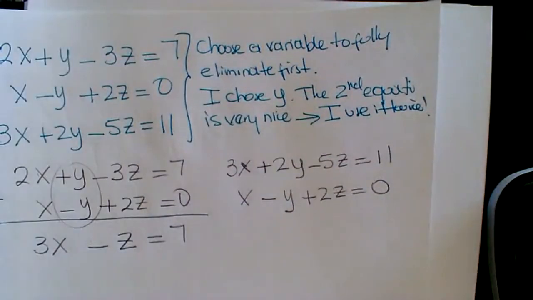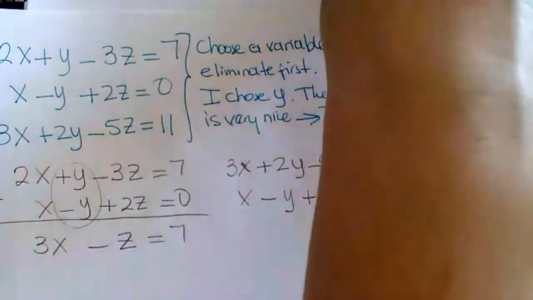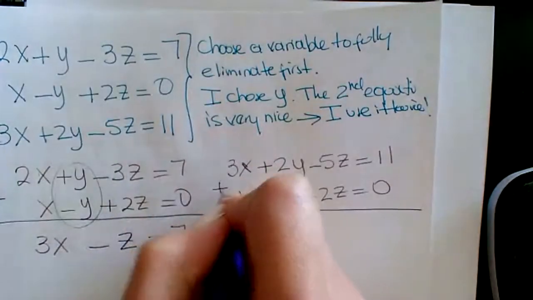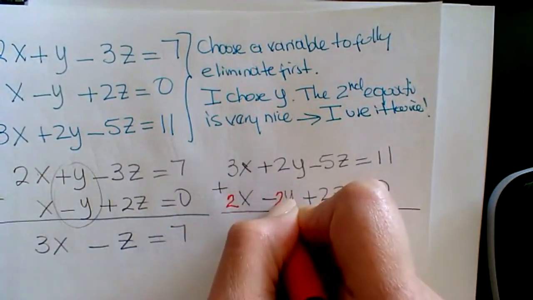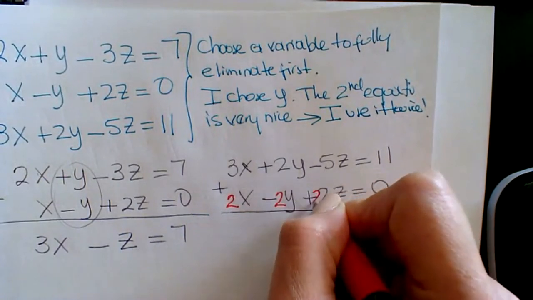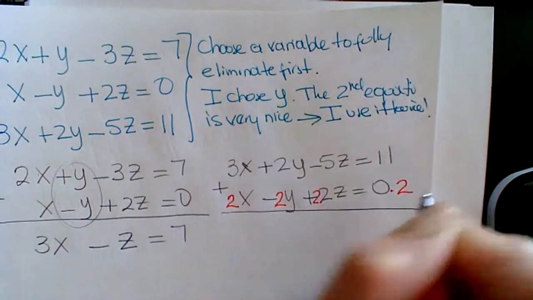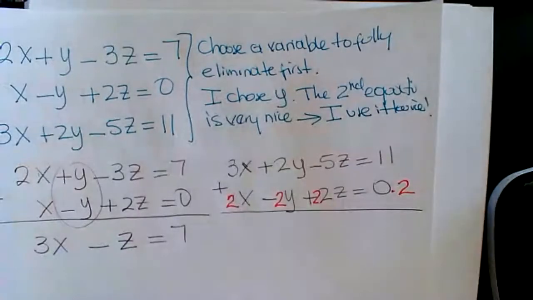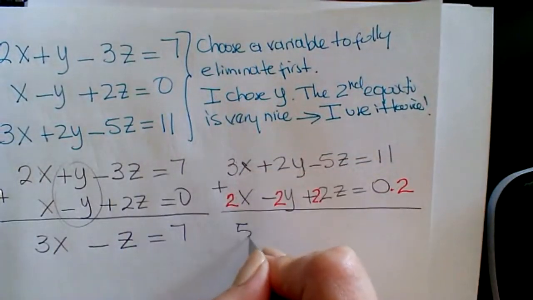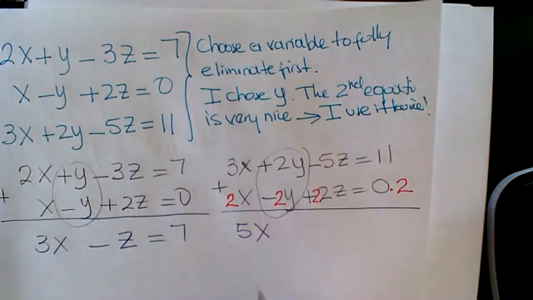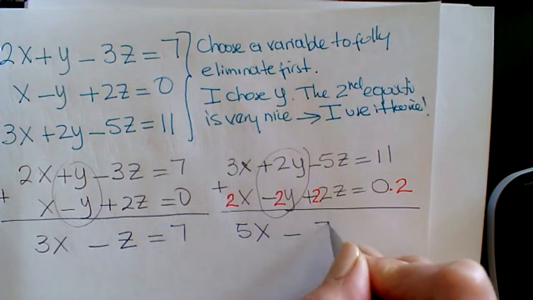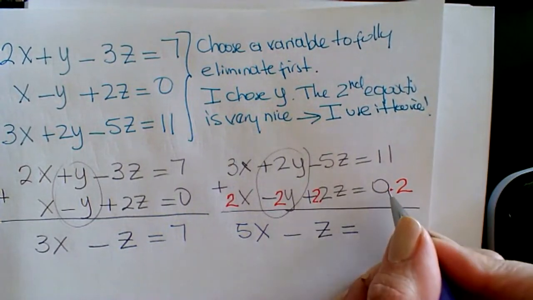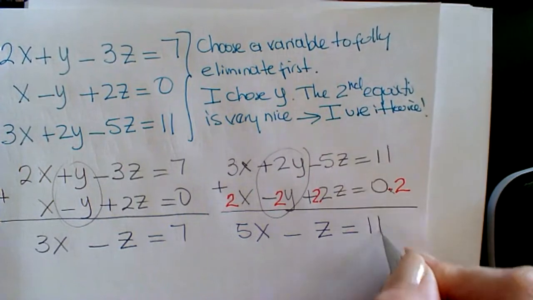But what do I need to do here in order to eliminate the y? I need to multiply by 2. So 2 times 2, and this one will be times 2 and times 2. So 3 plus 2 will be 5. This is 0. I have negative 5 plus 4, that will be negative z. 0 times 2 is 0. So I have 11.